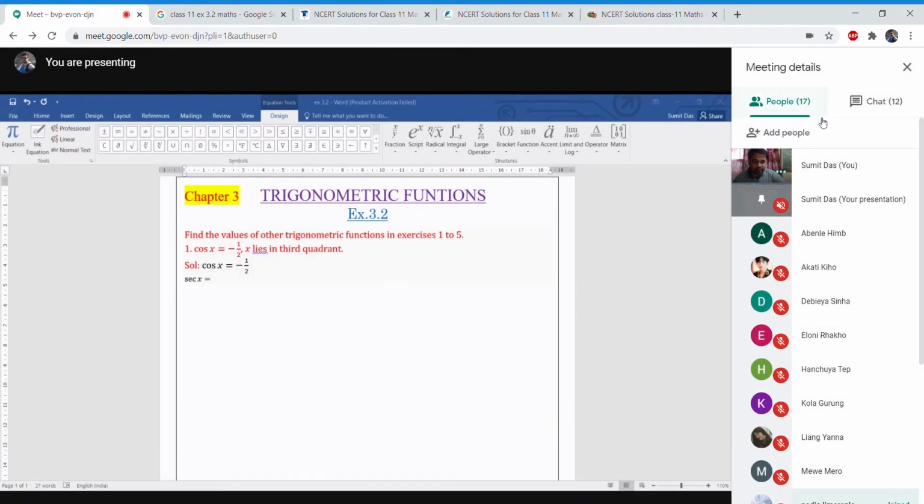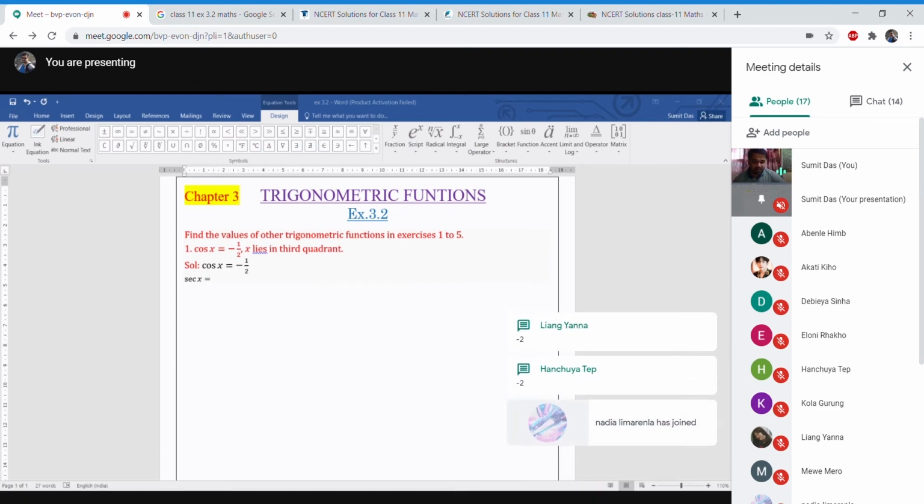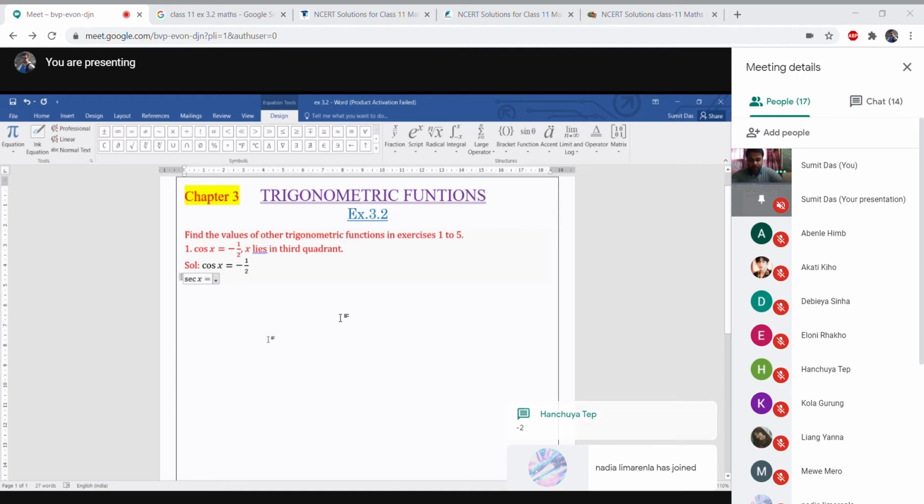Not 2. Yeah, minus 2. Just the reciprocal. We know that sec x is equal to 1 by cos x, right? So it will be 1 divided by minus 1 by 2, which implies minus 2. So this is the easiest part.